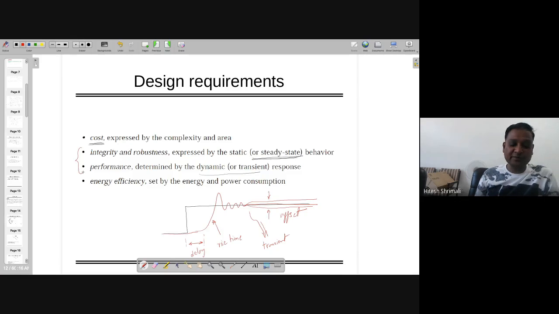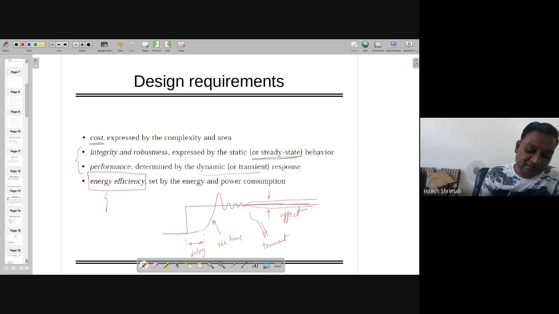But the most important part is known as the energy efficiency. Energy efficiency is also sometimes known as figure of merit, or sometimes people call it FOM.